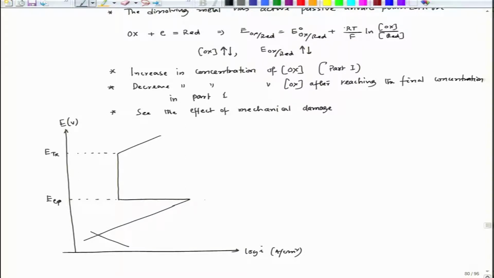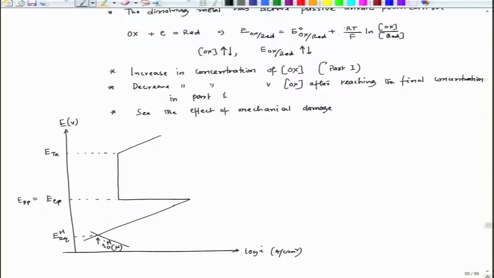Here we could see that ECP as well as EPP are at the same position as per this diagram. This is I0 of m over m, this is E equilibrium of m.